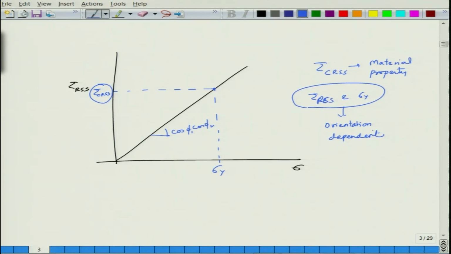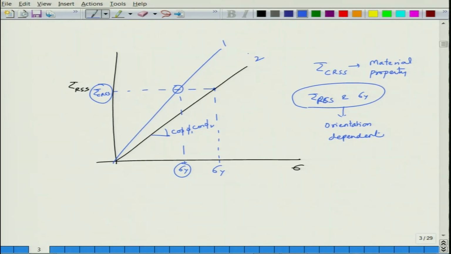So, if you have two plots, let us say one is this, another one is this. Depending upon what you have here, this system corresponding to tau CRSS will show. In this case, for the same value you have higher RSS, so this system will start yielding first. So, 1 will show yielding before 2 because of higher resolved shear stress.